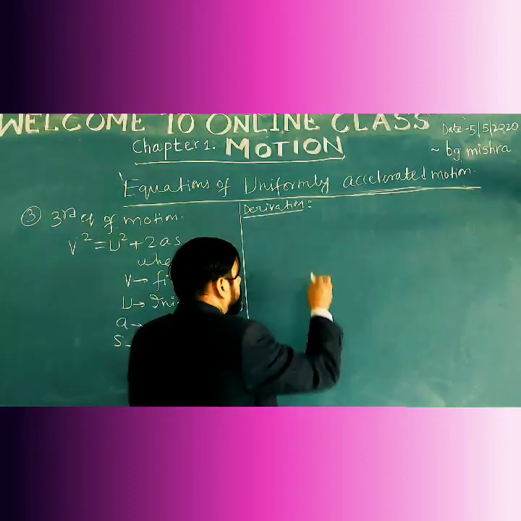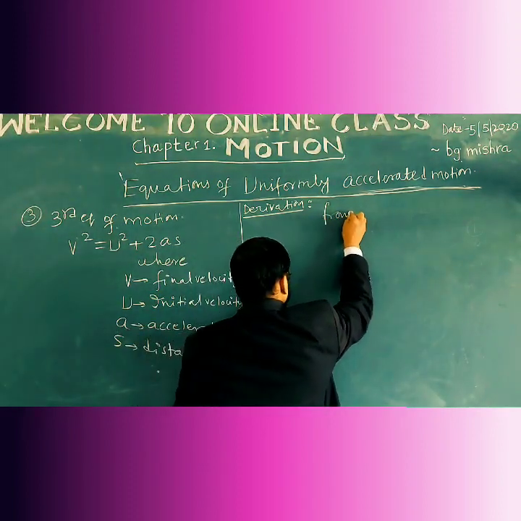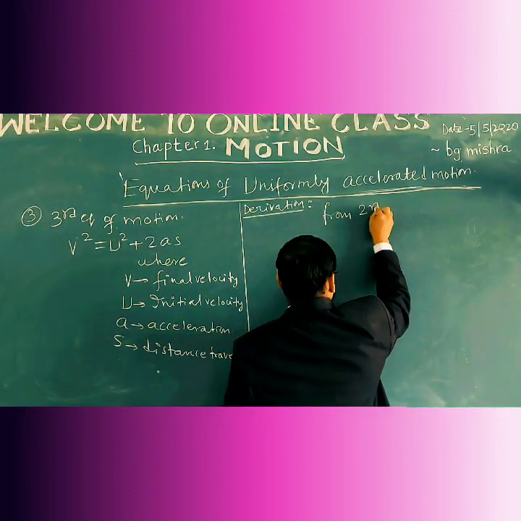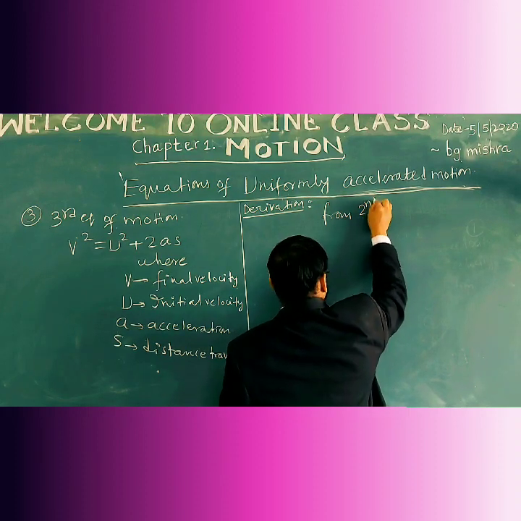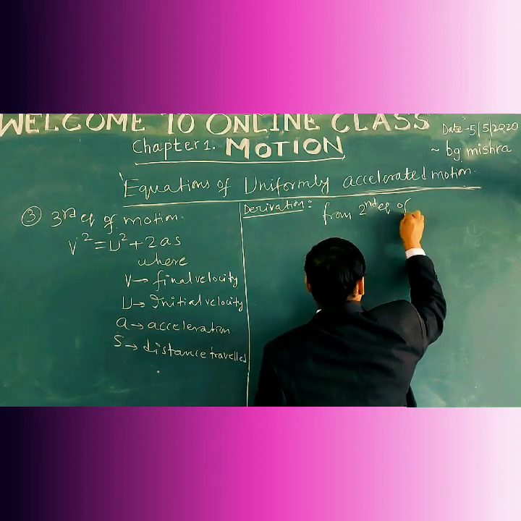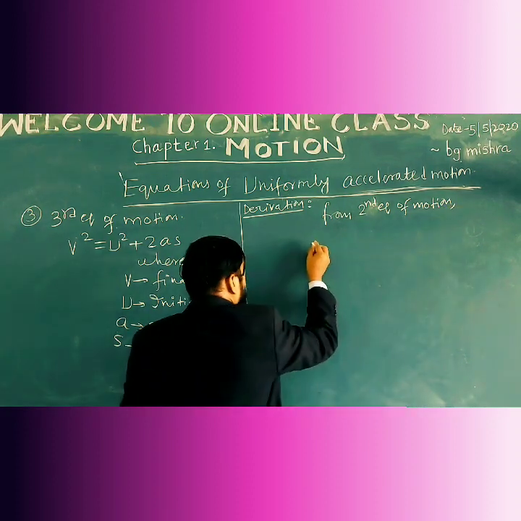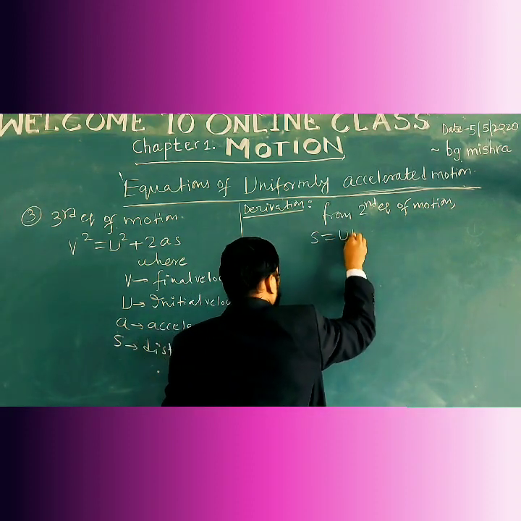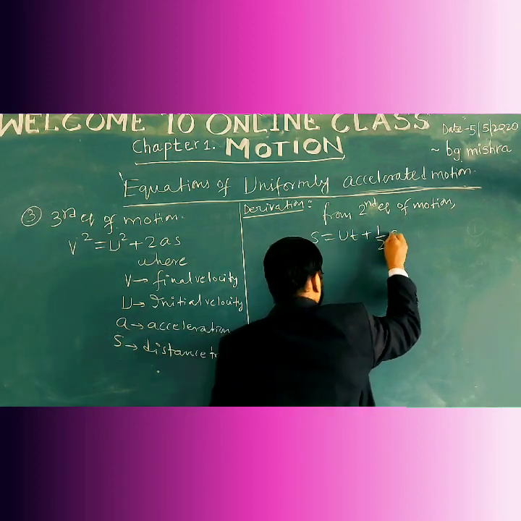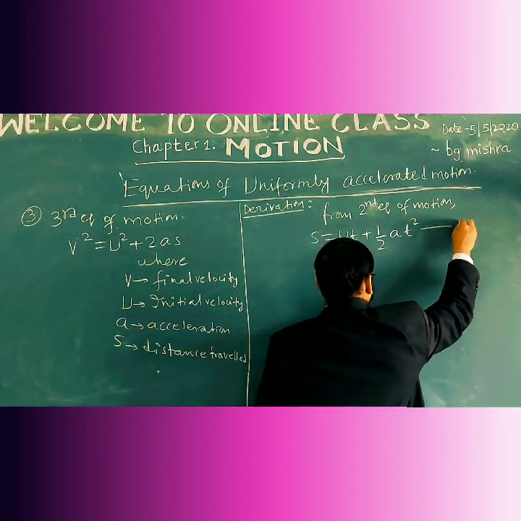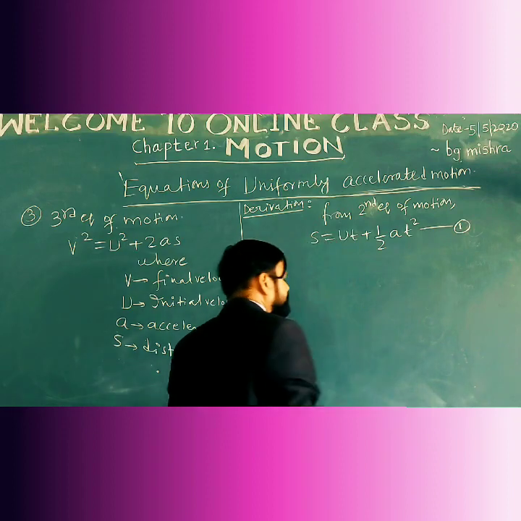So from second equation of motion, that is S equals UT plus half AT square. This is equation 1.